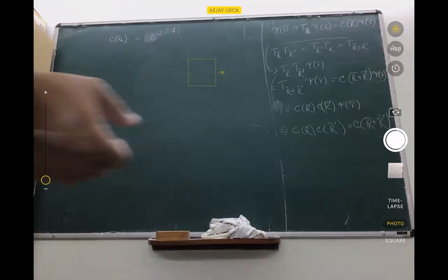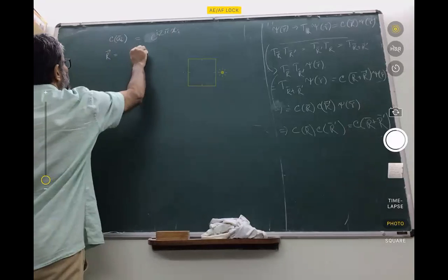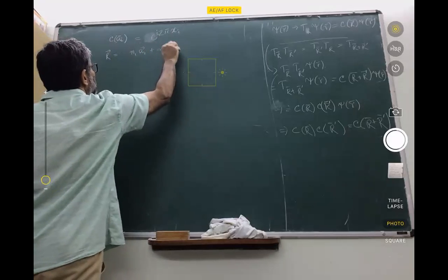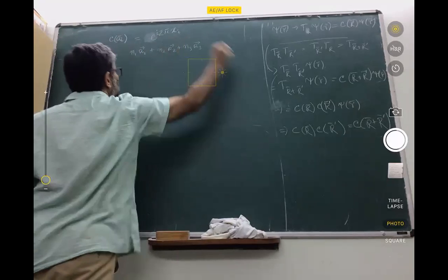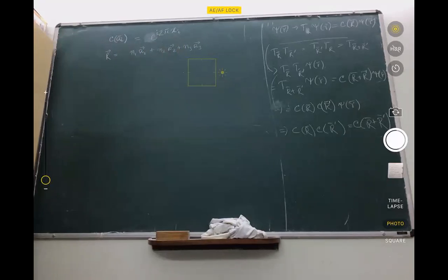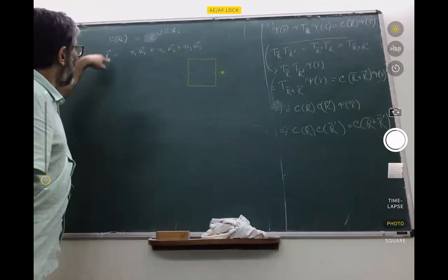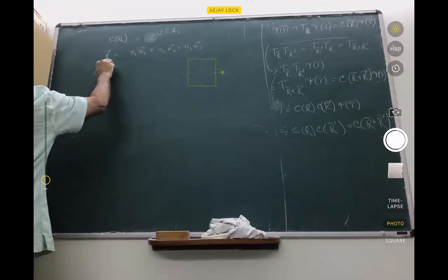So any real space vector R is an integer combination, in 3D. We are writing in 3D. So using this and this, I can write C of R for any R of this form, right?